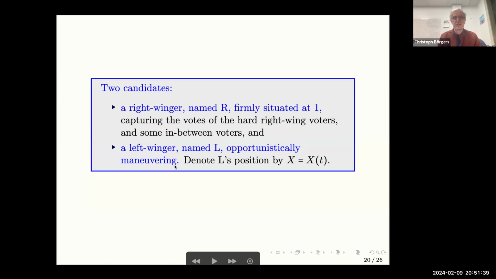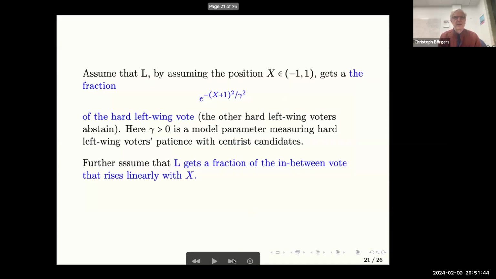The left-winger changes position in order to capture more votes. And you can then write down expressions that plausibly reflect how many votes the left-winger would get. That depends on how close the left-winger is to -1.